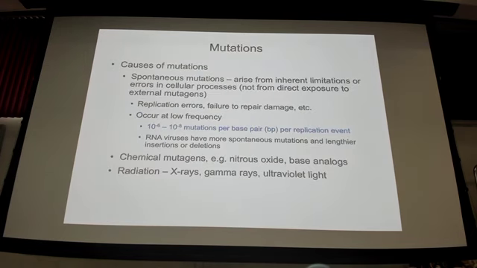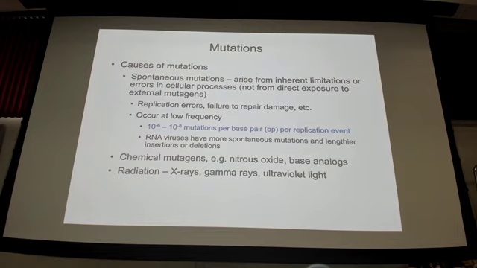Okay, so for chemical mutagens, we're talking about alkylating agents, and agents that can intercalate into DNA, like in between the bases in DNA, like ethidium bromide, acridine orange, things like that. All of those agents will distort and deform DNA molecules and cause it to mutate. We also have radiation as a major cause of mutations.